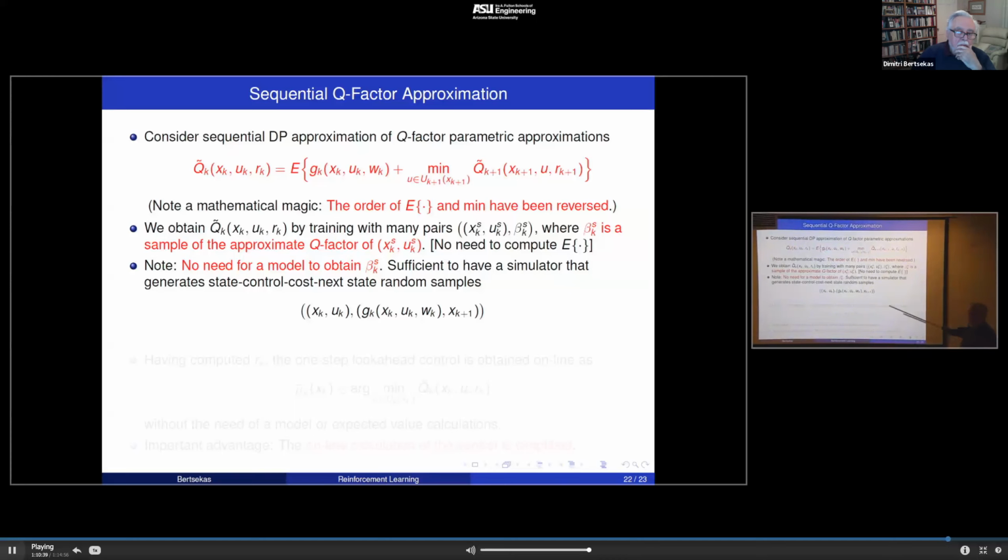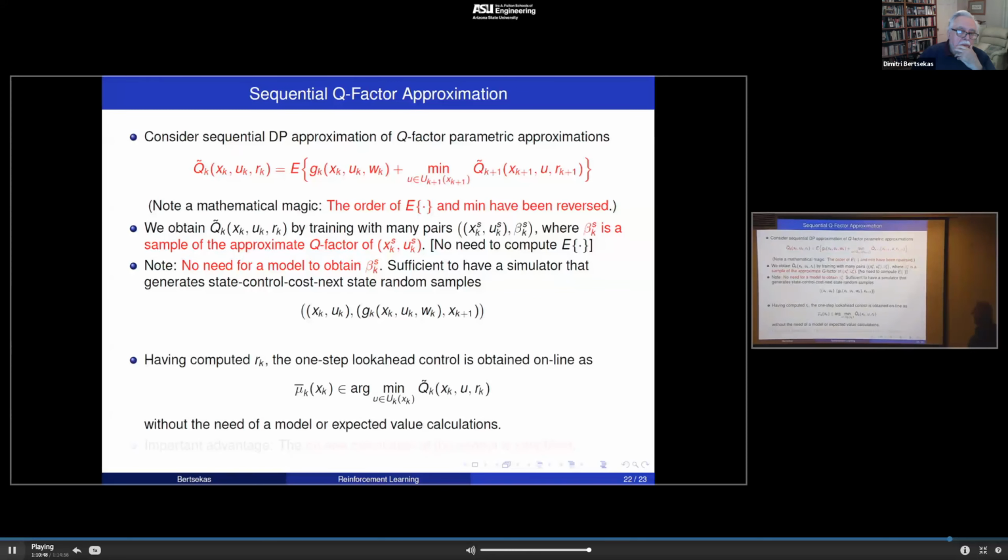So this is a model-free algorithm, and it may involve neural networks, or it may involve linear feature-based architectures. After you have done this training backwards and you have obtained these parameter vectors for each stage, then you can implement a one-step look-ahead control by minimizing over Q factors.